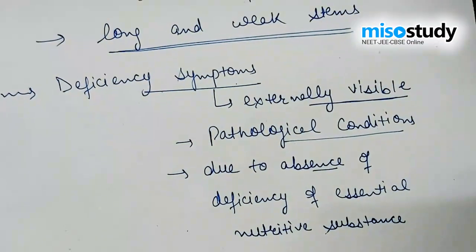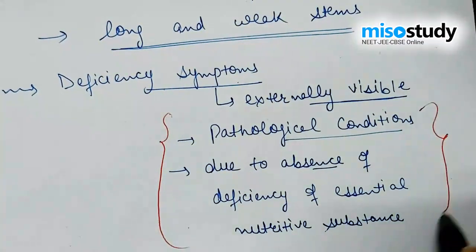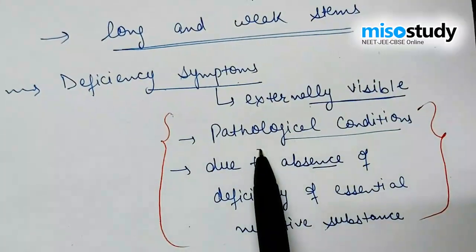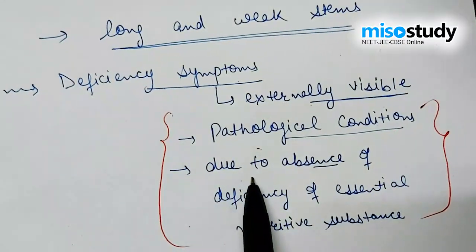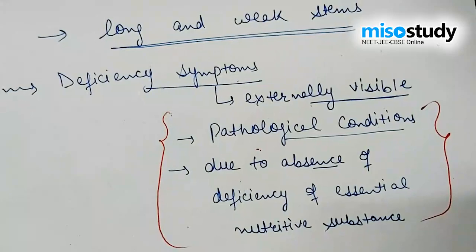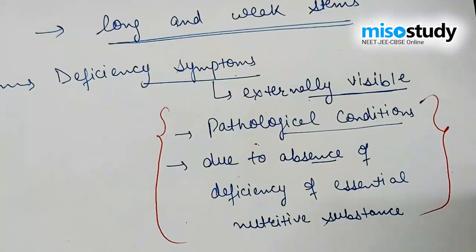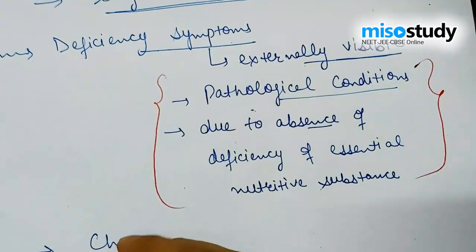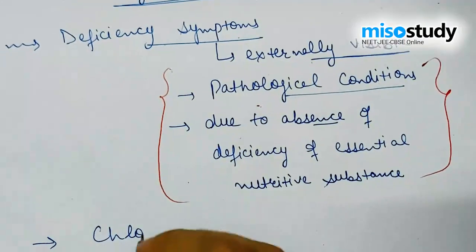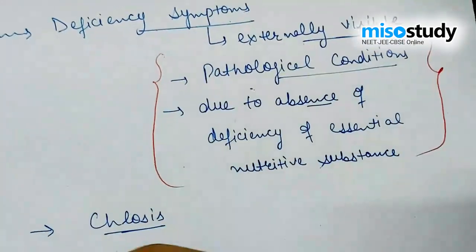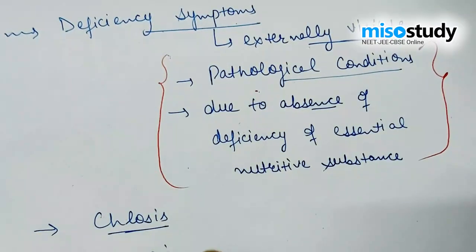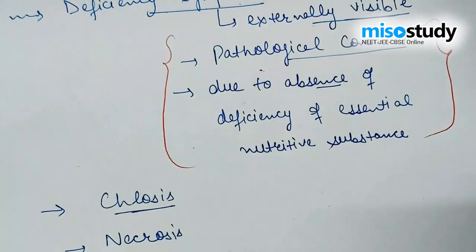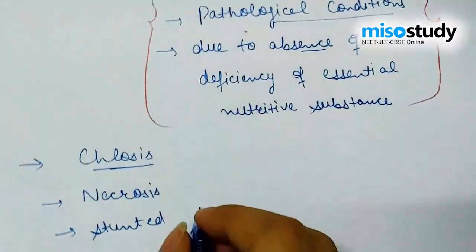So etiolation and deficiency symptoms are altogether different things, because deficiency symptoms are externally visible pathological conditions that sometimes occur due to the absence or deficiency of essential nutritive substances. Common deficiency symptoms of essential nutritive elements are chlorosis, necrosis and stunted growth.